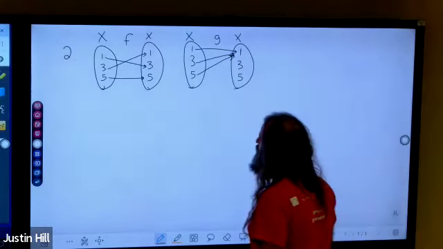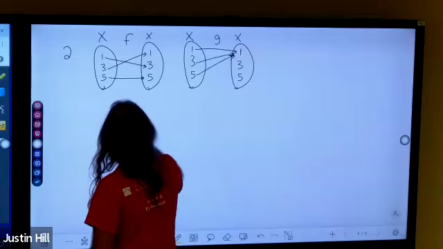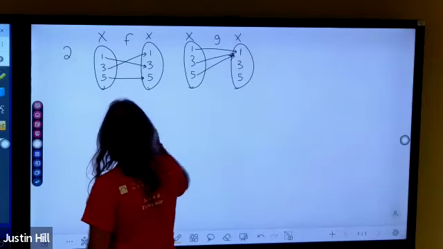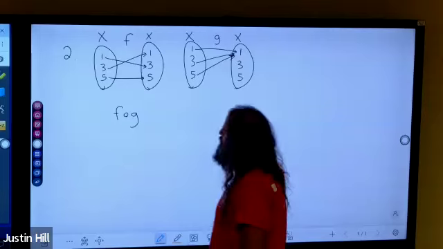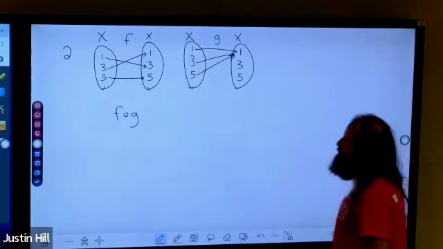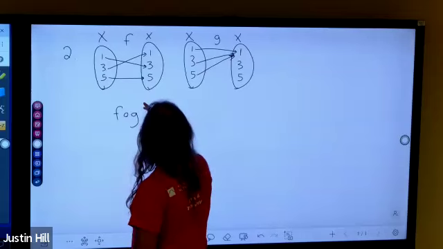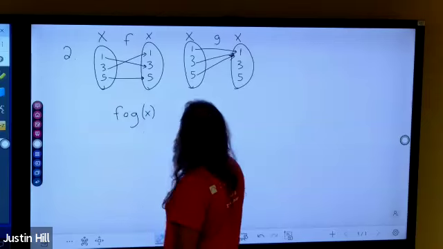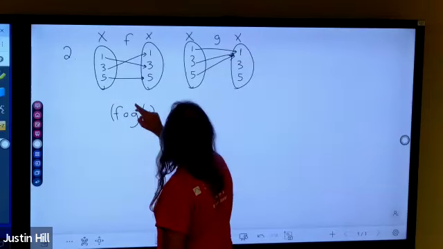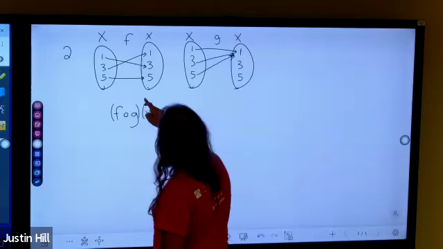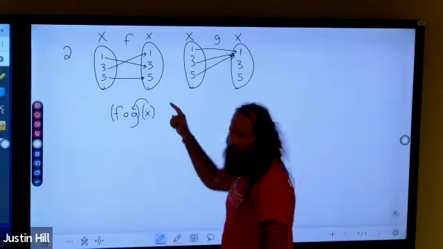So the first thing we want to figure out is F compose G. If you remember, one good way to think about function composition is that we're taking X and plugging it into G and then getting our output.